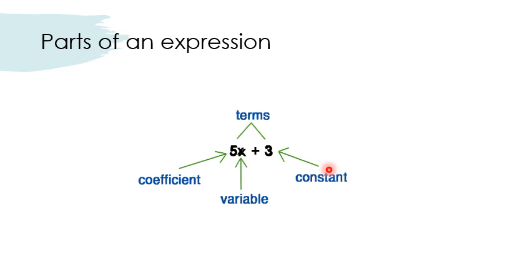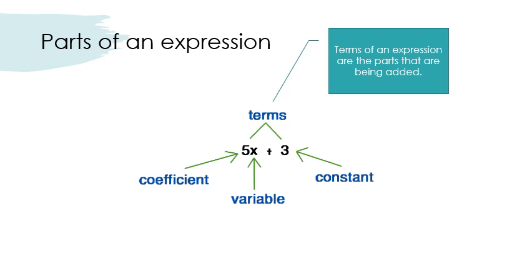Sometimes it's an invisible 1, sometimes it's not. In this problem, the 5 is a coefficient. And then you could also have constants, which are just numbers that you're adding or subtracting onto your variable term.